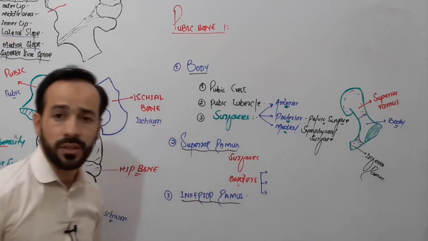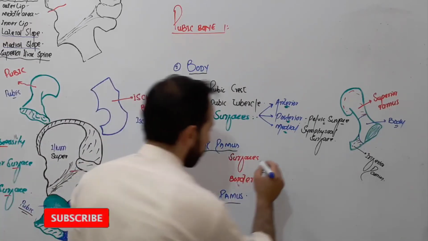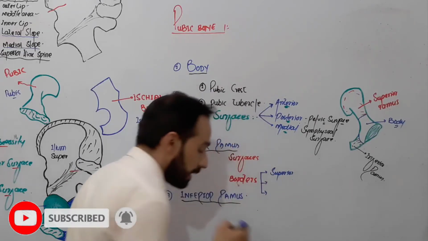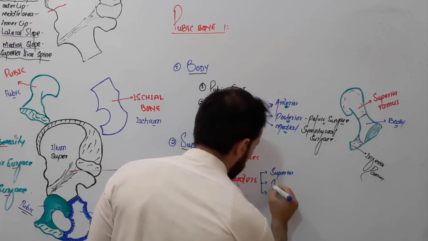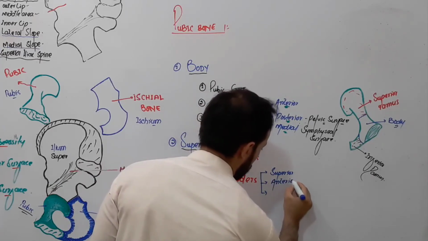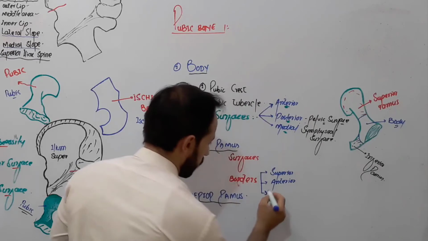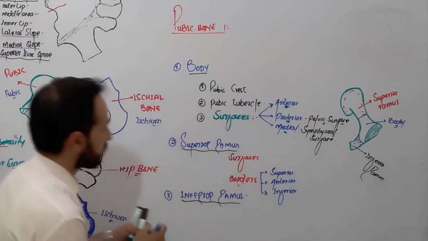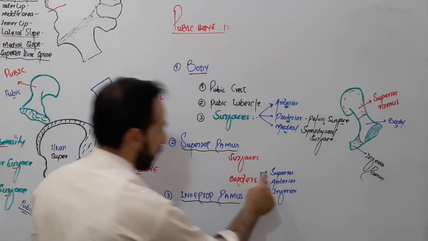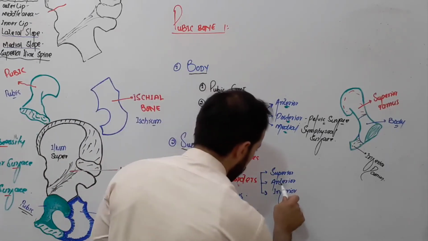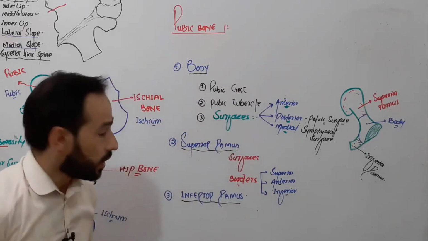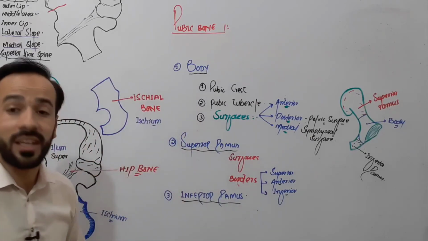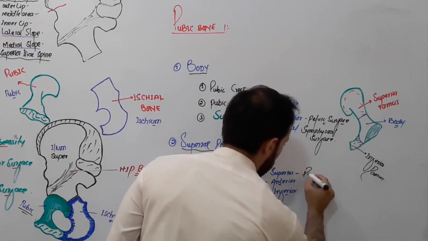The first border is called the superior border. Then there is the anterior border. The third one is the inferior border. So simply, how many borders does the superior ramus of the pubic bone have? It has a superior border, an anterior border, and an inferior border. Now the superior border is also known as the pectineal line.